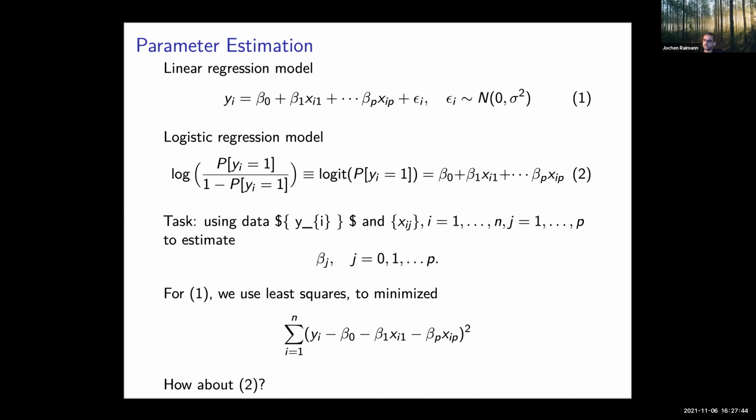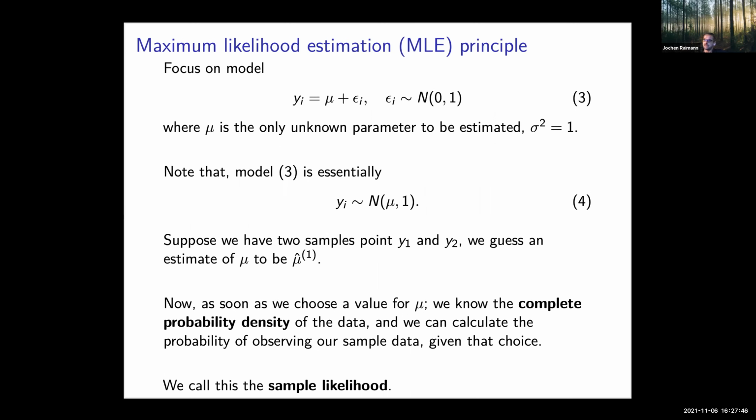So for 2, it's a little bit more complex. If we just in principle focus now on yi as a function of mu and the residual error ε_i, where the residual error, as the residuals, is normally distributed around the mean of 0 with a variance of 1, or a standard deviation of 1, where mu is the only unknown parameter and sigma, or the variance, equals 1.